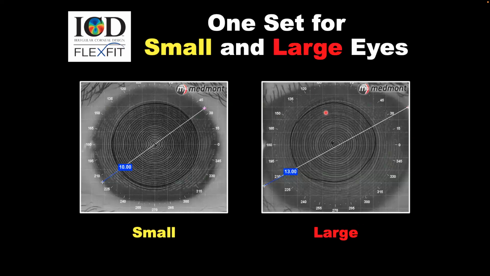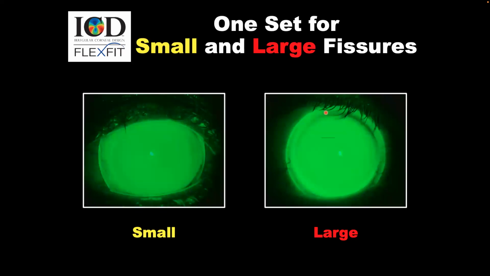Again, selecting the diameter, there's a standard rule, but if you can go deep into selecting the proper diameter, that would be awesome. Small or large fissures may require a small or large diameter.